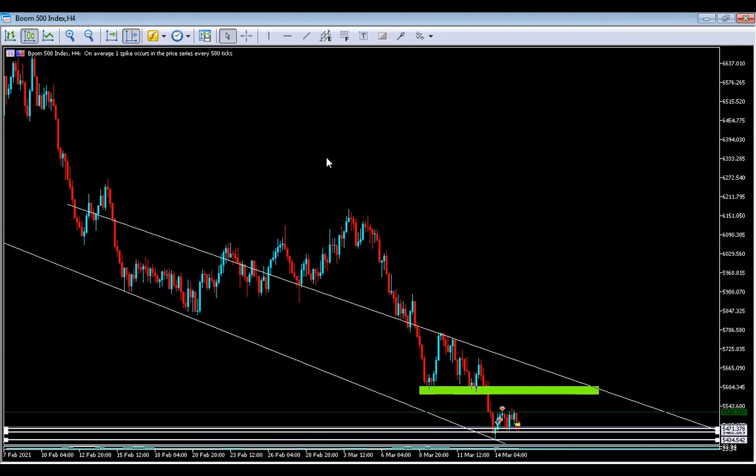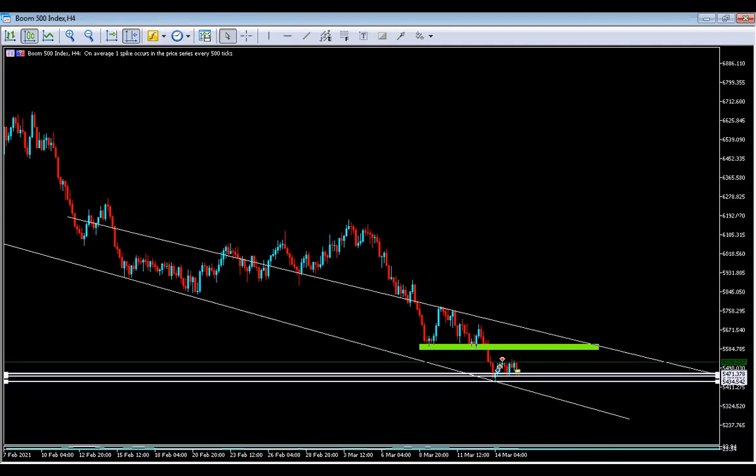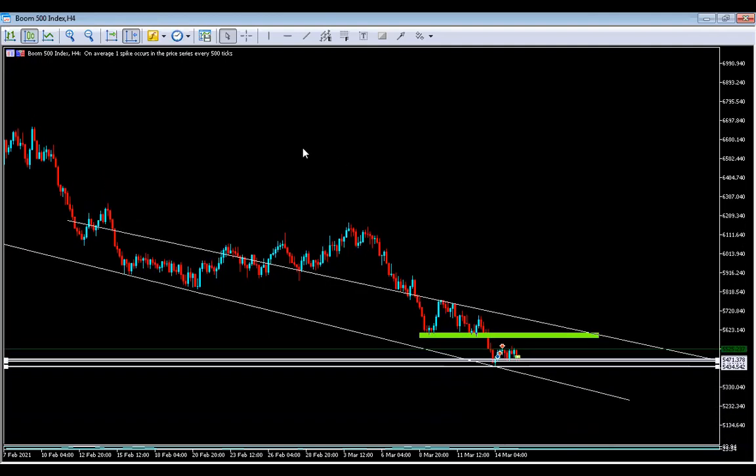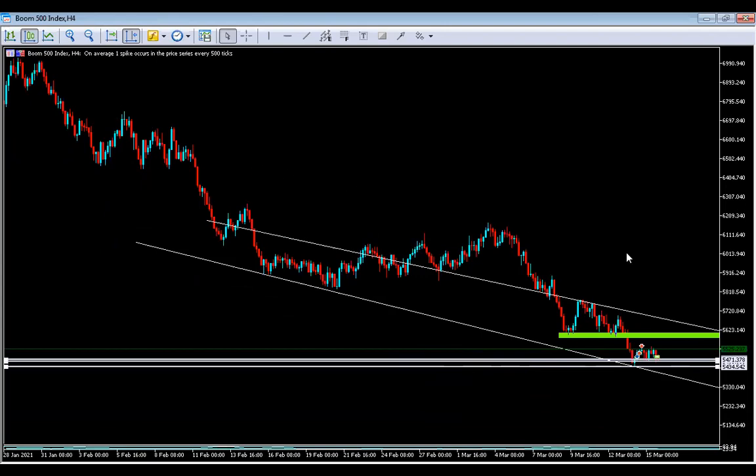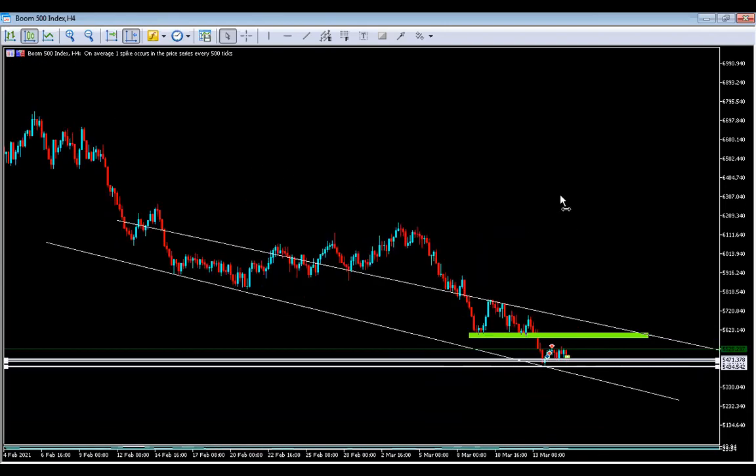You can see some analysis that I've been making lately. So when you go to your higher time frame, you want to first of all understand the structure of the market. When you understand the structure of the market, you understand that this market is a bearish market. You understand that the market is selling, right? So now you figured it out that it is a selling market. The bears are in power here, pushing the market downward.